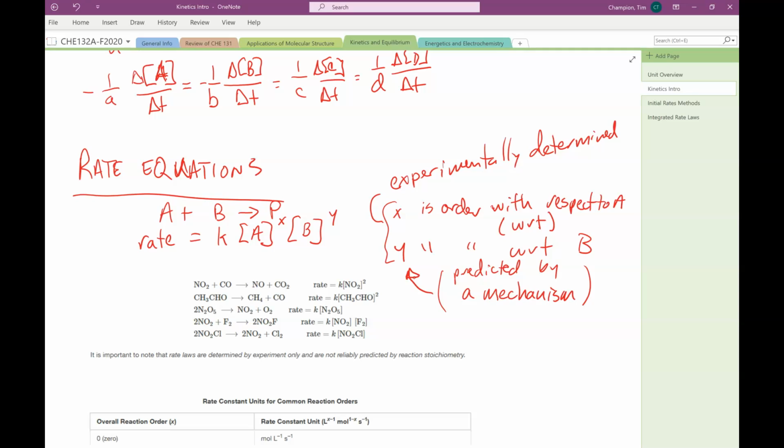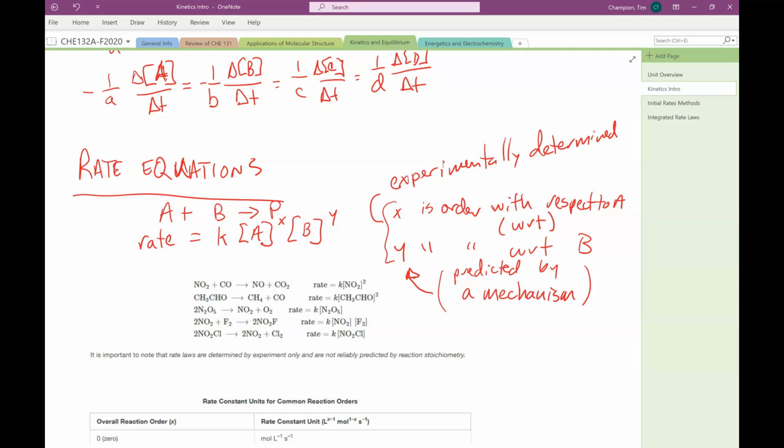The second reaction here is the decomposition of acetaldehyde, and that is second order in acetaldehyde. Decomposition of dinitrogen pentoxide is first order in dinitrogen pentoxide.